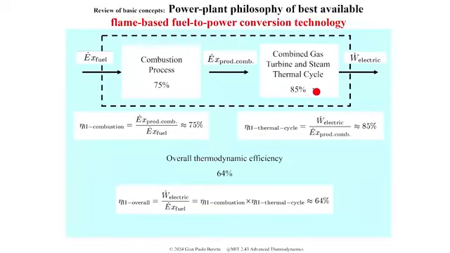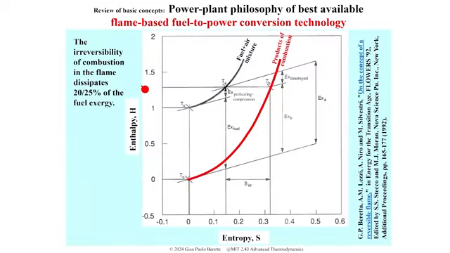So you see, in order to get to 85%, we must get rid of the waste that we have in combustion. We must use the fuel not by burning it, but in some other way.